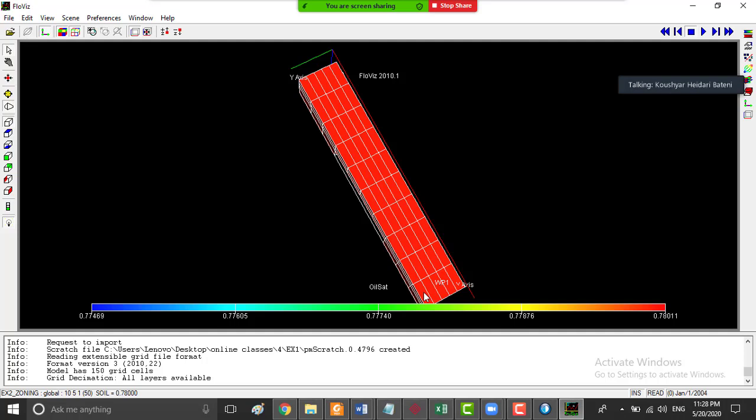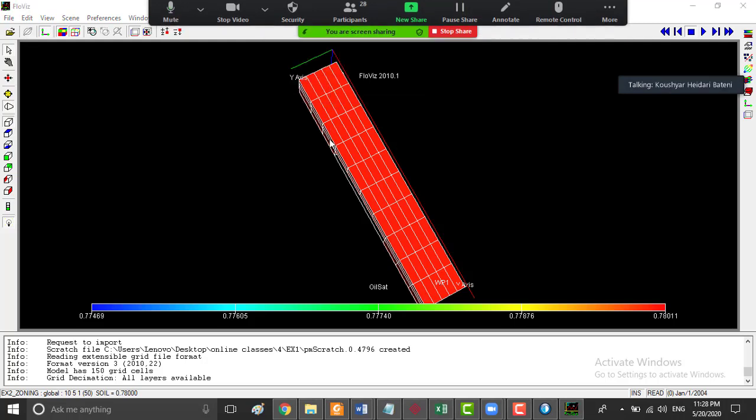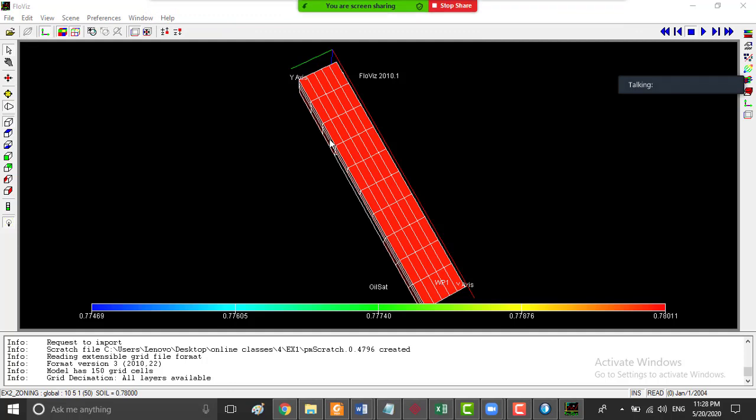When we can't increase the x coordinate anymore, we increase the y coordinate by 1 unit, and then we keep increasing the x coordinate again, and we keep doing the same until we can't increase the y coordinate also. Then what do we do? Then we increase the z coordinate. What does that mean? It means that we move to the second layer. Okay?